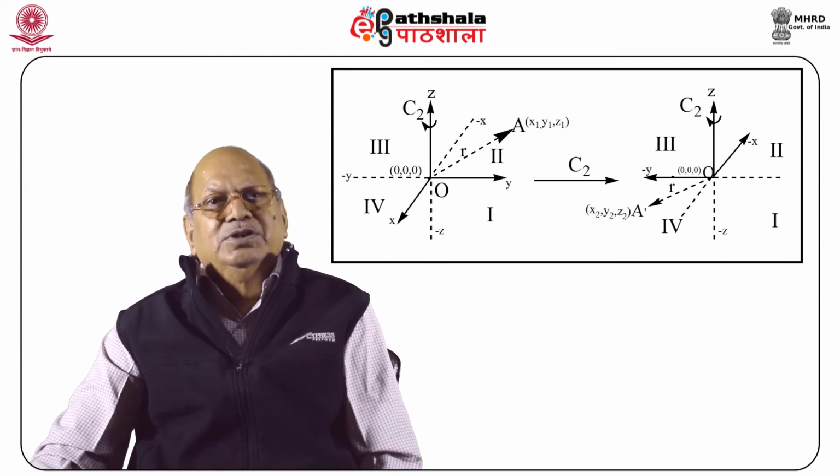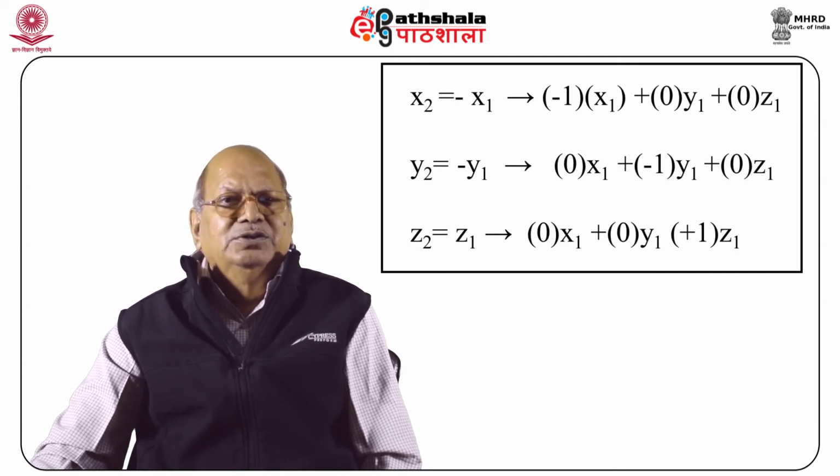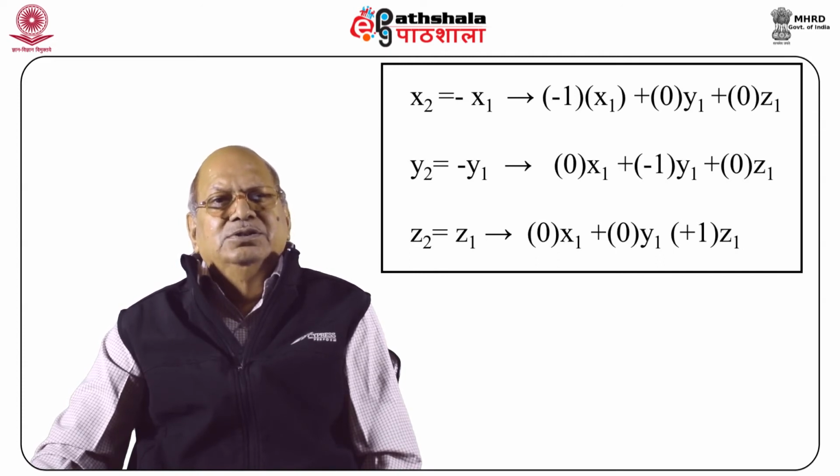The three equations for the C2 operation on x1, y1, z1 are written as: x2 is equal to minus 1 x1, 0 y1, 0 z1. For y2 the equations are 0 x1, minus y1, 0 z1, and for z2 the equations are 0 x1, 0 y1, 1 z1.